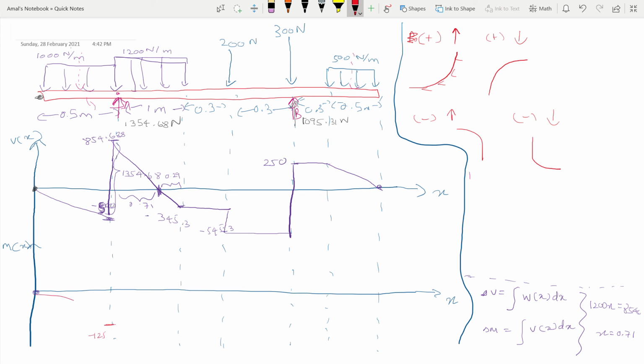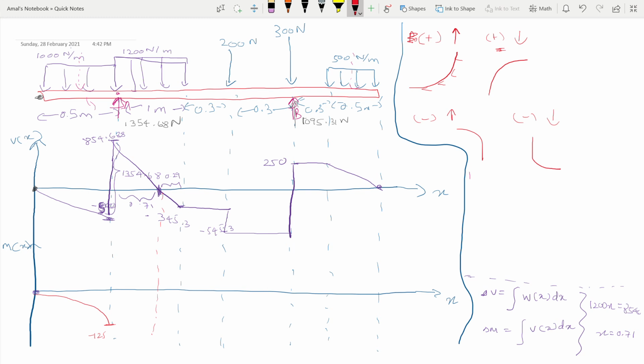So negative values increasing. Now we have positive values up to this part, and we have positive values decreasing. So positive slope decreasing. That's the second choice from here. So that is this guy. So it has to be positive slope decreasing up to what value? The area under this curve: 1/2 times 0.71 times 854.688.